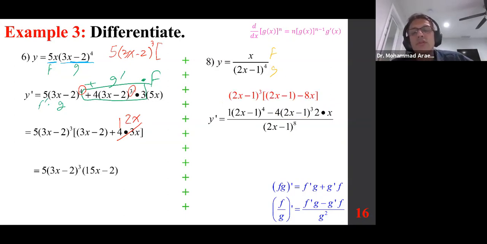So the first one gives you 2x minus 1, and the next one gives you minus 4 times 2x, which is minus 8x. All you have to do, simplify the top. This becomes negative 6x minus 1, and 2x minus 1 cubed goes away and changes this to number 5. And that's your final answer, everybody.